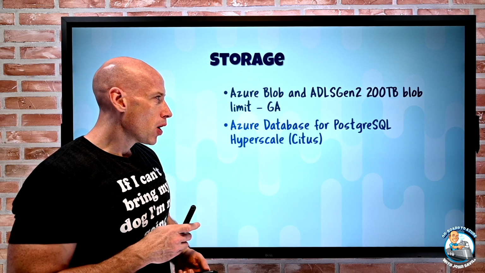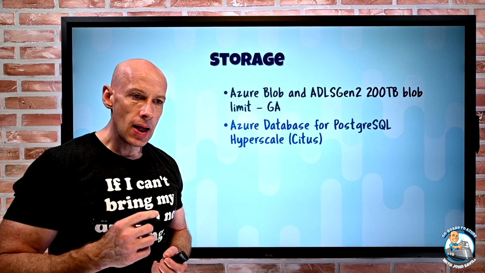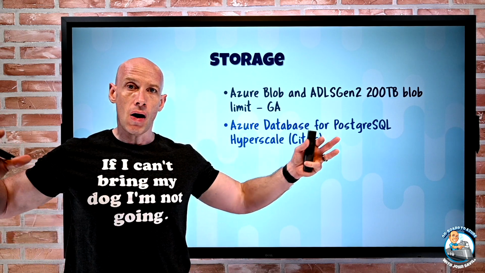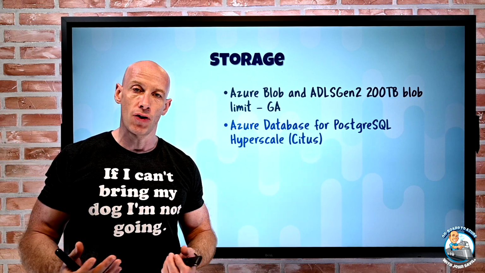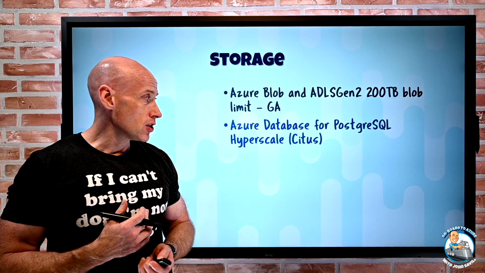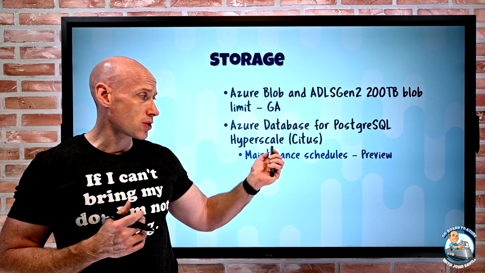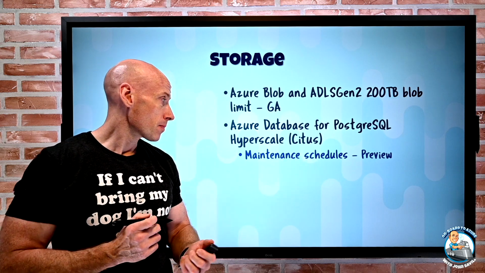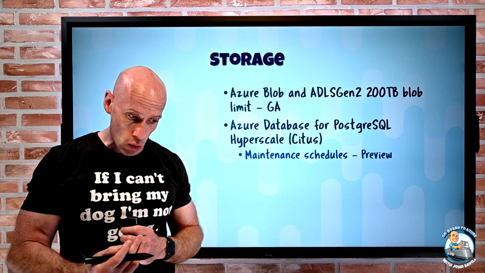Azure Database for PostgreSQL Hyperscale. Remember, this is the big, high performance, highly resilient version of the managed Postgres service, and it has a number of new features. This is still preview, so all of these features are preview as well. First, maintenance schedules.